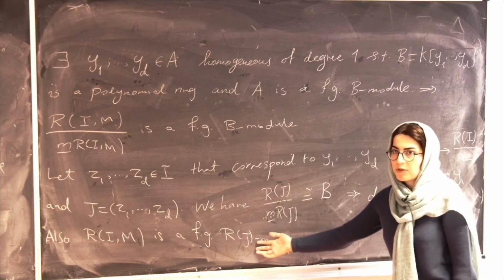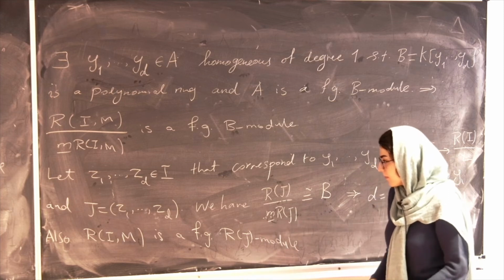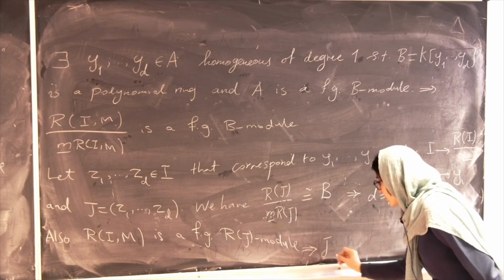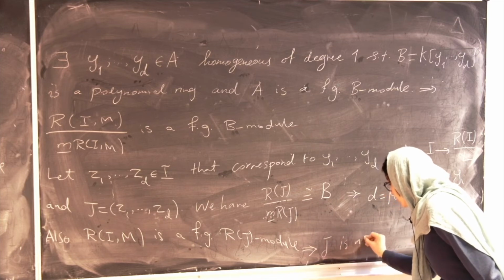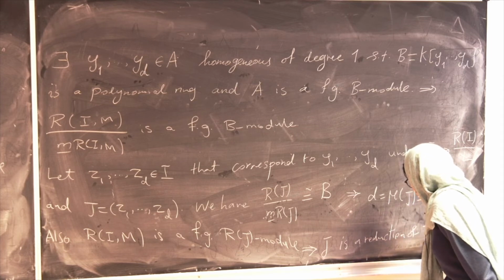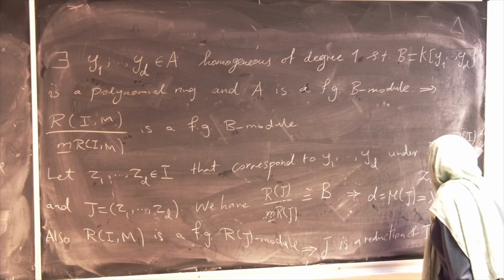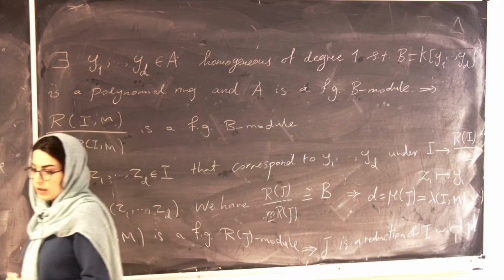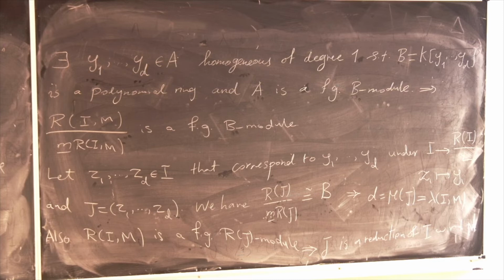This can be seen from the Nakayama lemma. So this was exactly the equivalent condition to say that J is a reduction ideal of I with respect to M. So this is exactly the ideal we are looking for. It's a reduction ideal of I, and the cardinality of its minimal generating set is exactly the analytic spread.